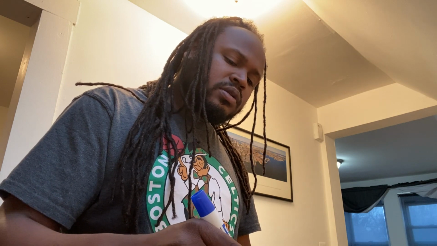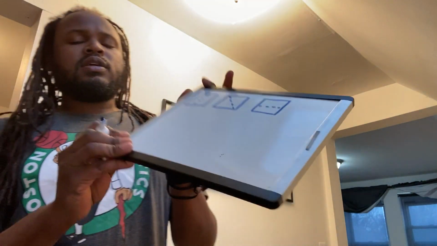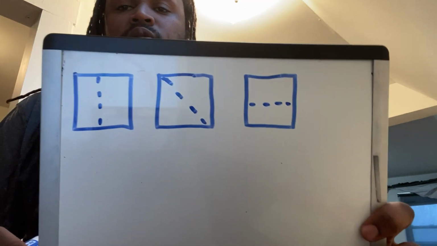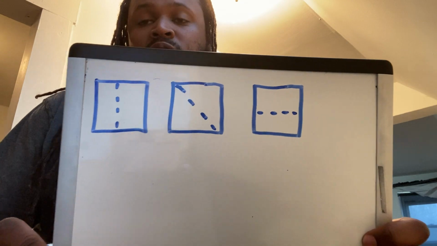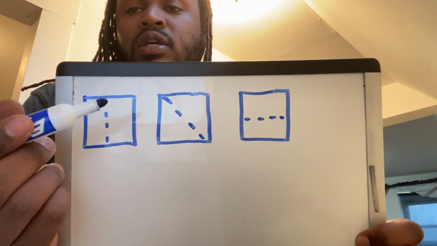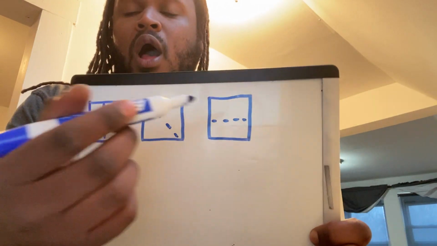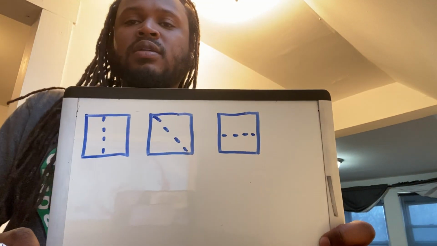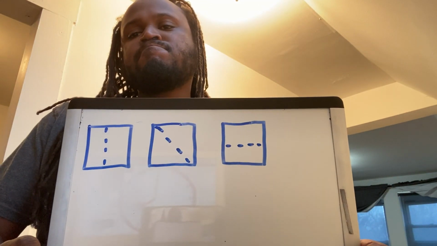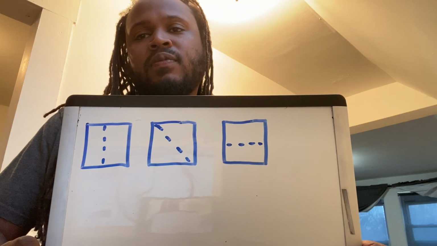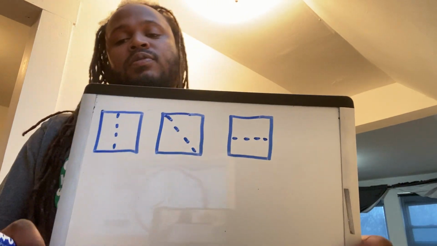So now I'm going to show you a picture of 3 different squares. And each square will be split different ways. Tell me what you notice about each square. So once again, the dotted line shows you how each whole object is split into parts. What do you notice? Pause the video, talk about what you notice.